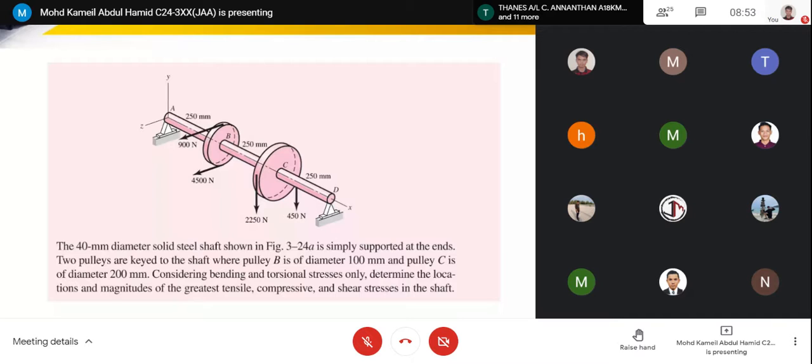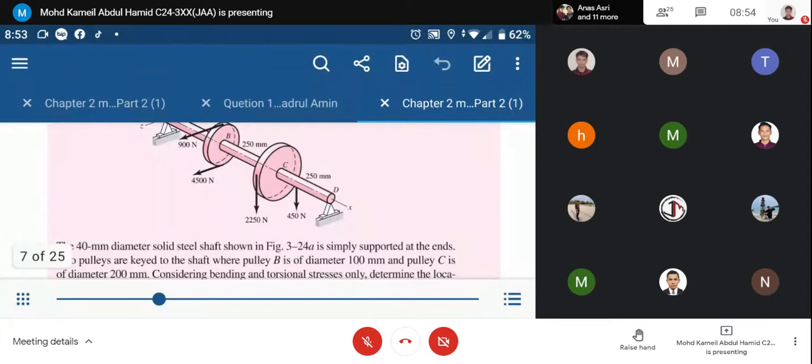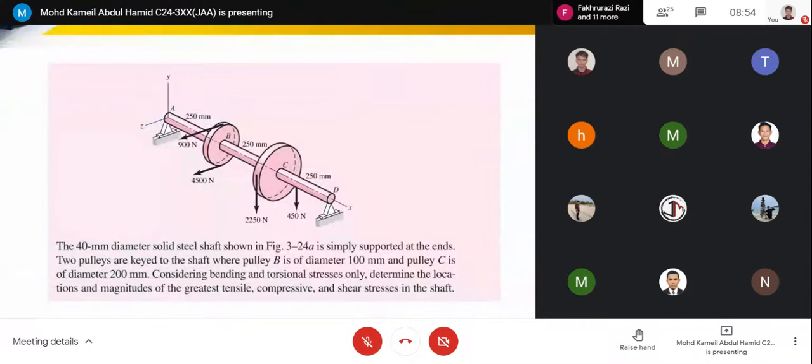Okay, you have two pulleys B and C, and then you need to determine the location and magnitude of the greatest tensile, compressive and shear stress in the shaft.